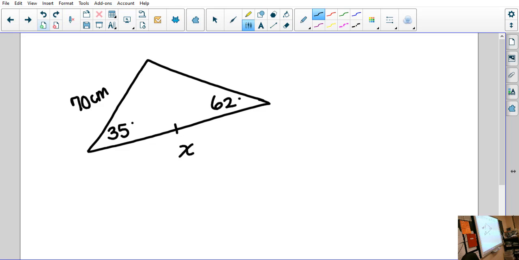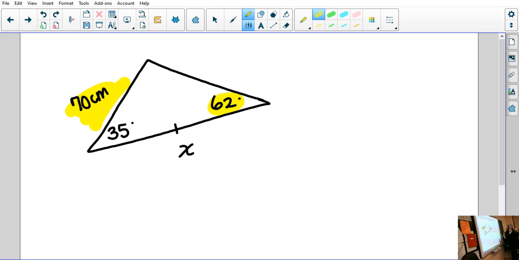So sometimes they'll just make you work for it just a little bit. First question to ask yourself every time: is there a pair? Which ones are the pair? 62 and 70. Okay, so this angle and this 70, they're a pair.